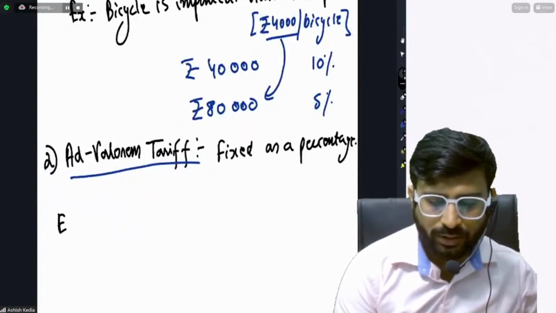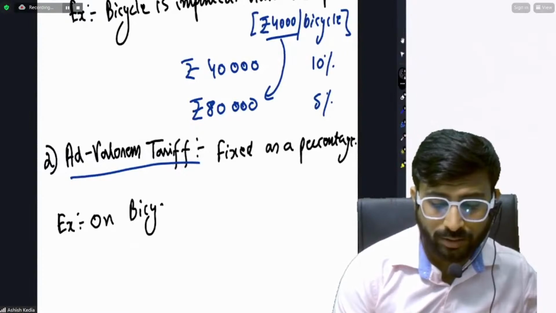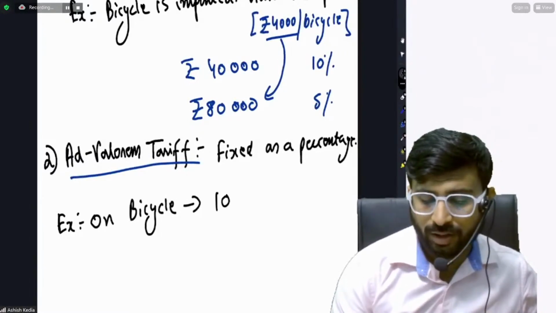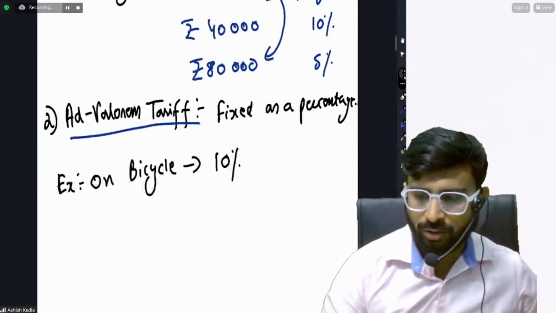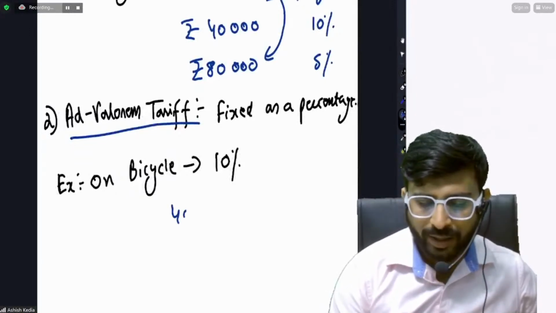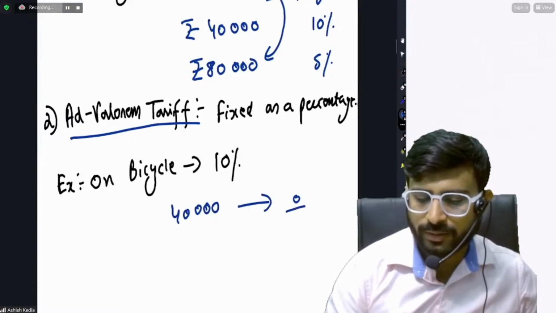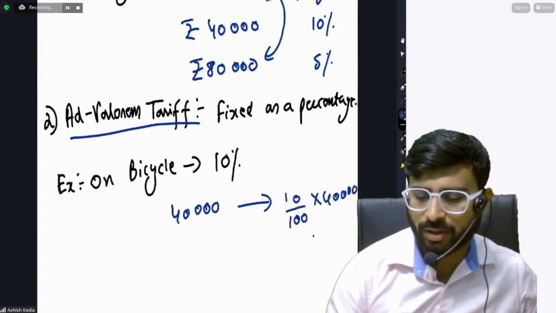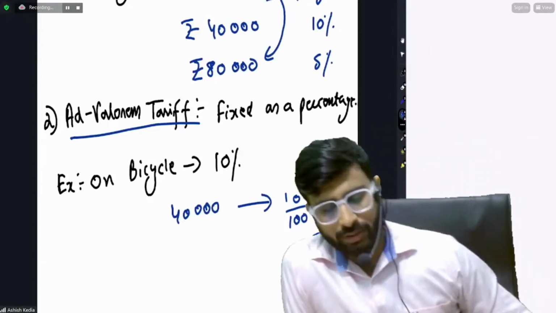So for example, on a bicycle, tax is 10%. Suppose, just an example. If I am importing a bicycle of 40,000, then I'll have to pay to the government 10% of 40,000, which is going to be 4,000.